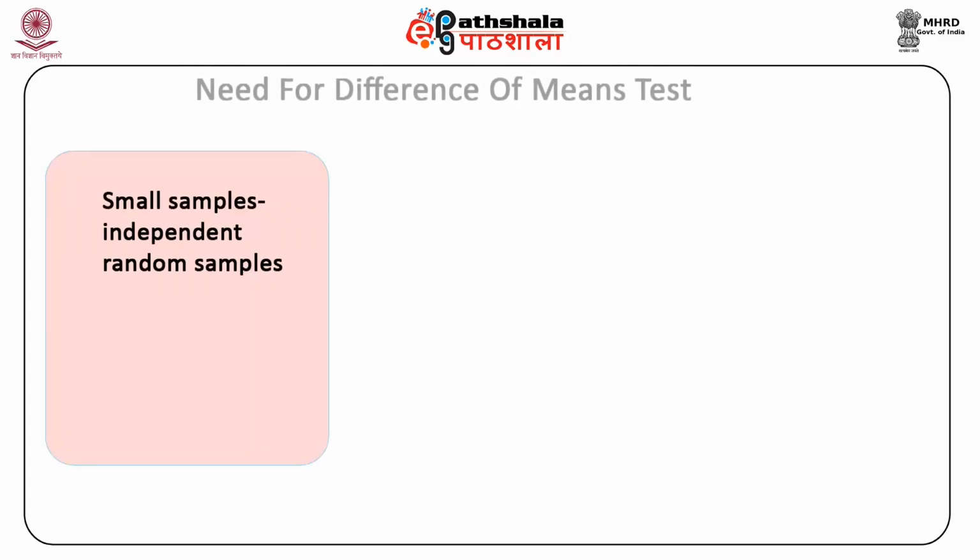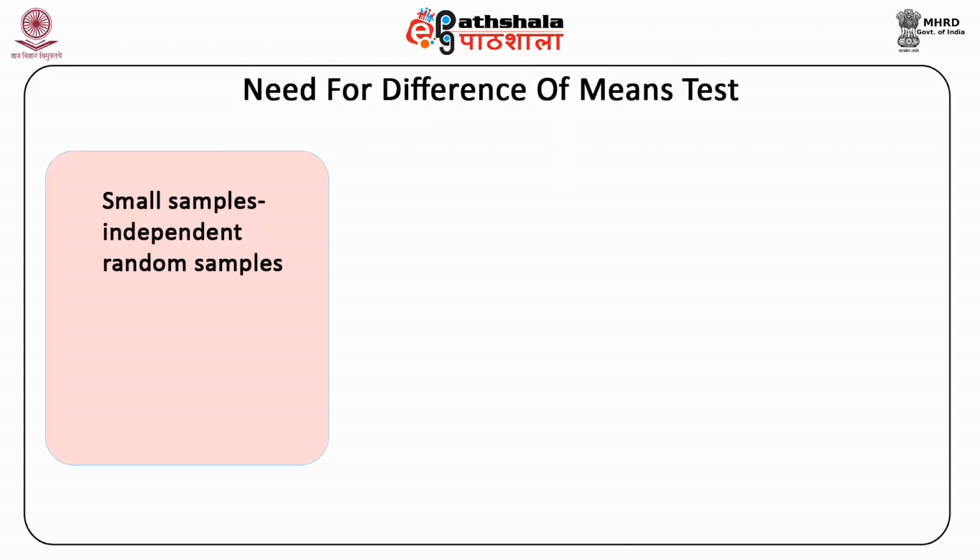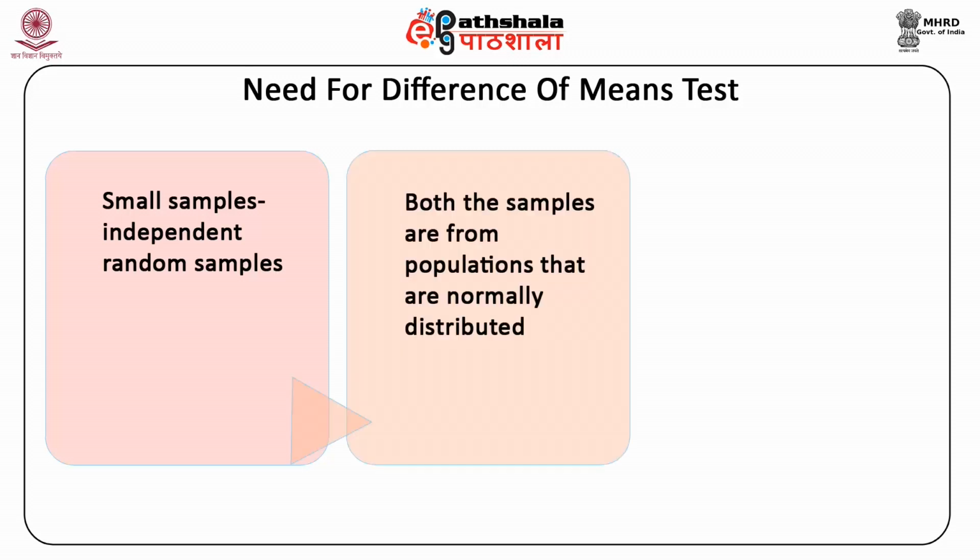But if we have small samples, then we must assume that they are independent random samples. The next assumption is that both the samples are from populations that are normally distributed. And the last assumption is that their variances should be equal.